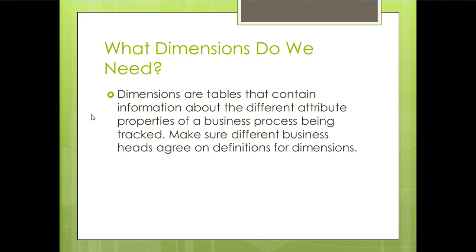So what dimensions do we need? Dimensions are tables that contain information about the different attribute properties of a business process being tracked. So basically, dimensions go hand in hand with fact tables. A fact table cannot exist without having a dimension, because otherwise you're not tracking anything and the fact table will not have any useful information.